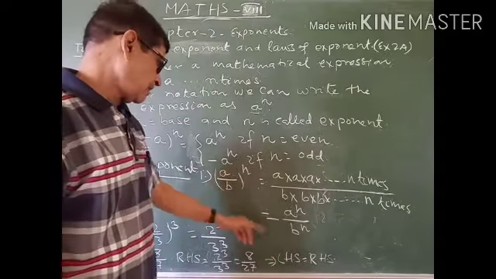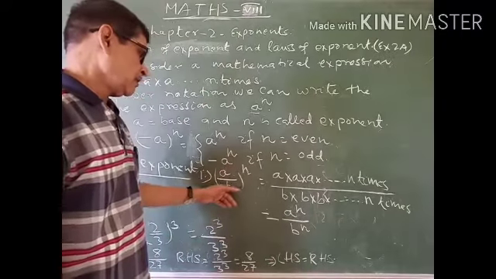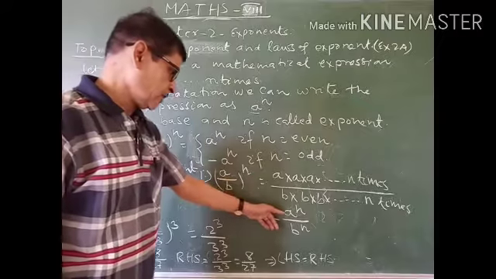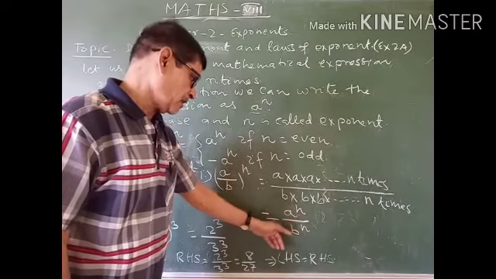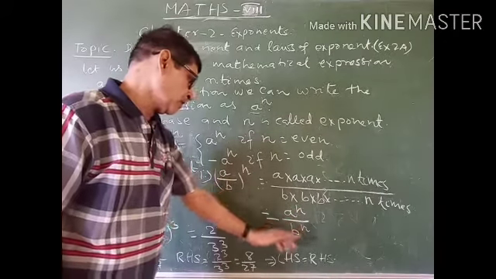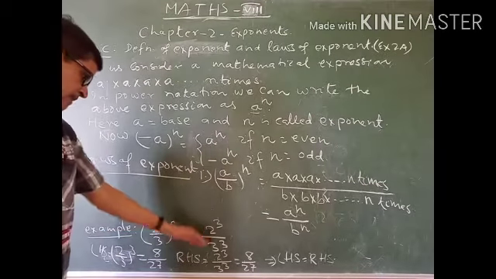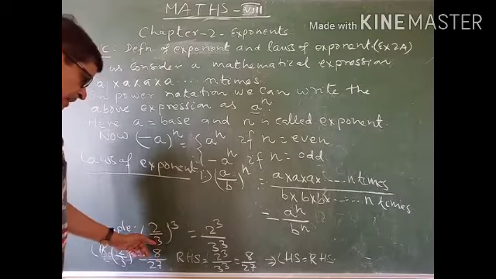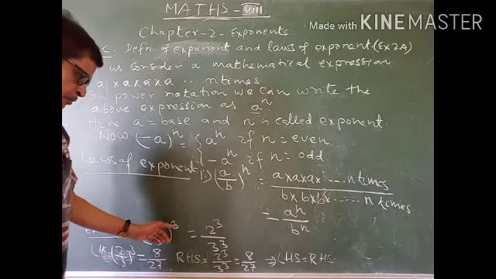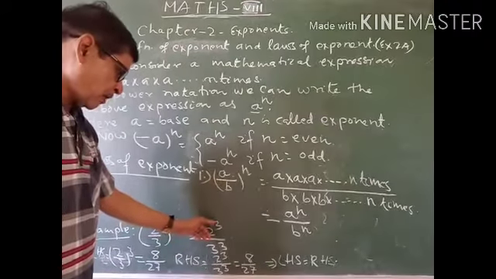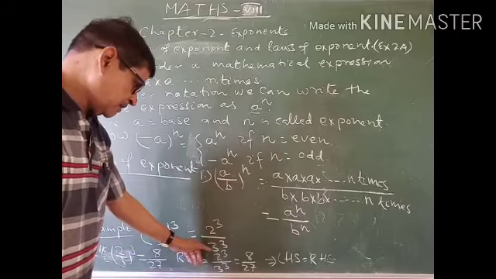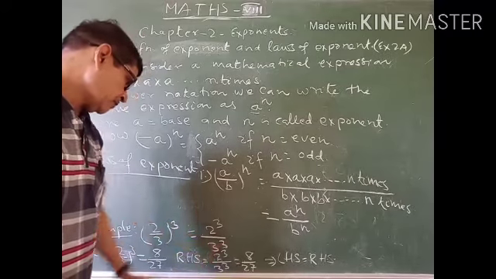So this is the first law, a by b to the power n equal to a to the power n by b to the power n. Example, you can take 2 by 3 whole cube equal to 2 to the power cube by 3 to the power cube.